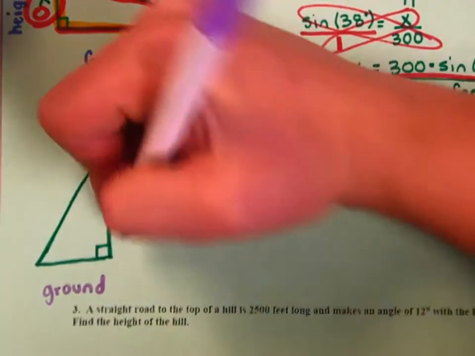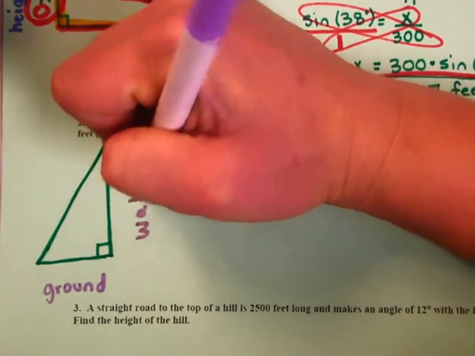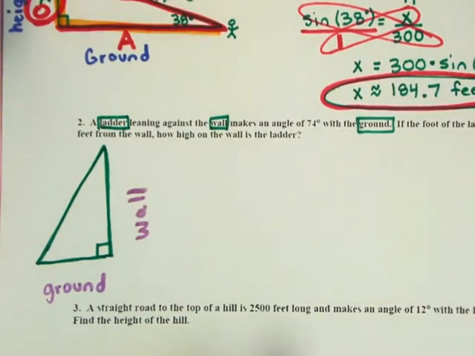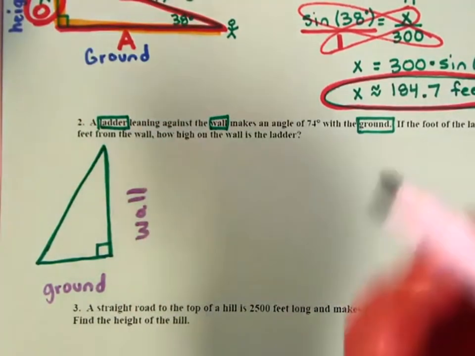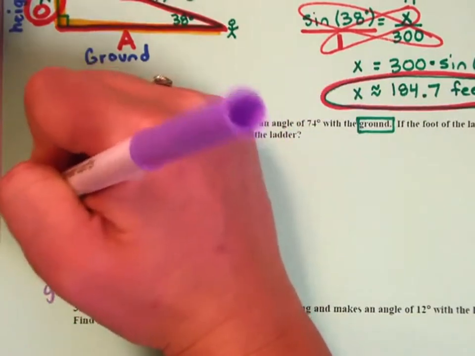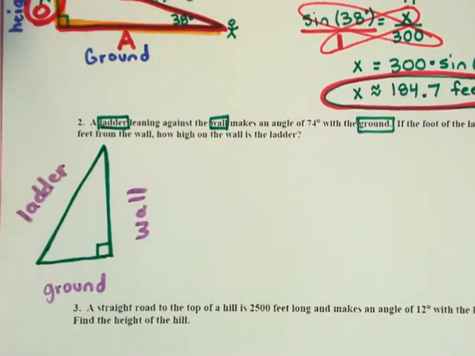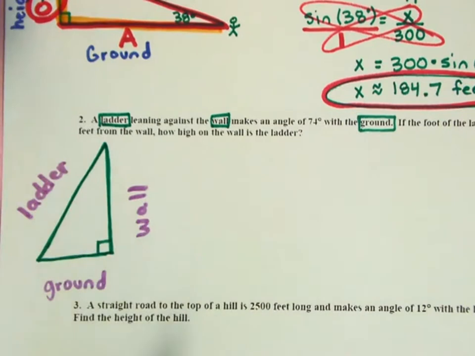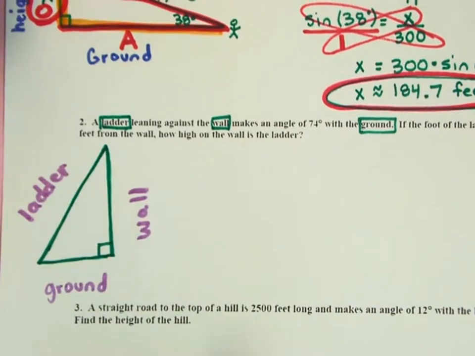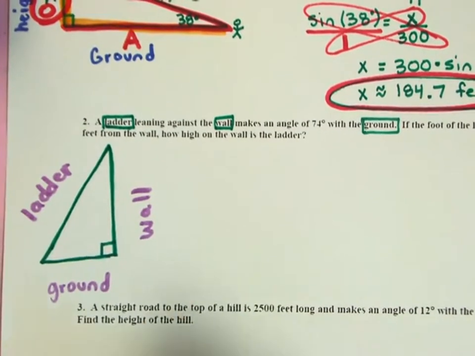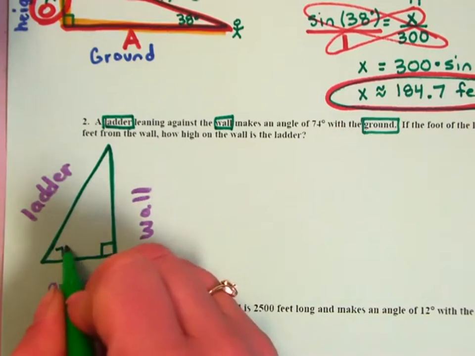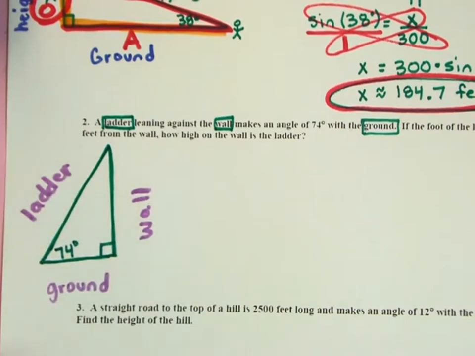The wall is going to be straight up, and that means the diagonal one is going to be the ladder. Okay, a ladder is leaning against the wall, makes an angle of 74 degrees with the ground. So the ladder and the ground have a 74-degree angle between them.